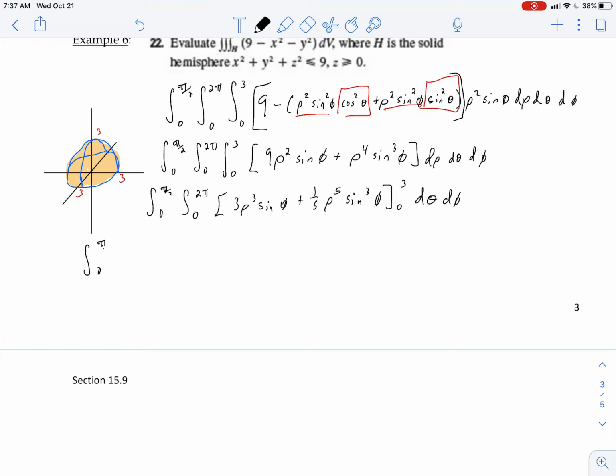When we clean that up, substituting in 3 for rho, it's really 3 to the 4th, so 81.